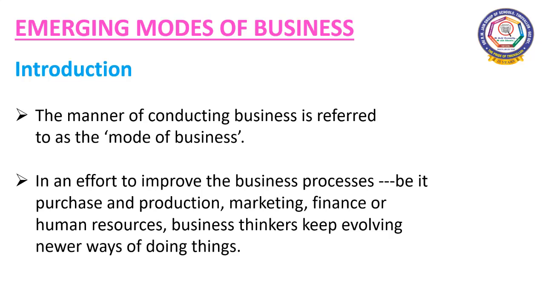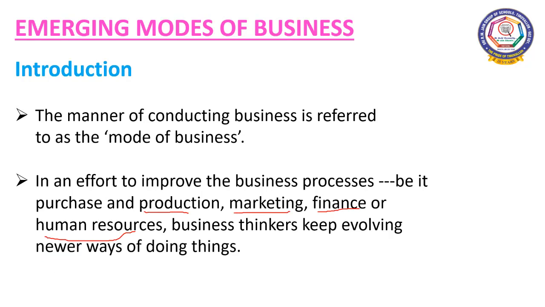So to improve the business processes, let it be purchase or production of goods, or let it be marketing of products, or finance, or developing human resources, or anything can be done through online transactions using the internet.